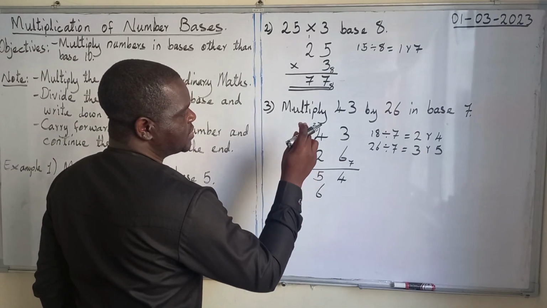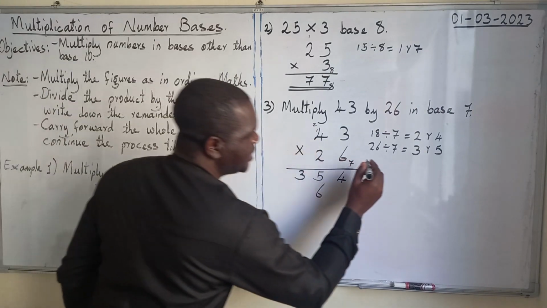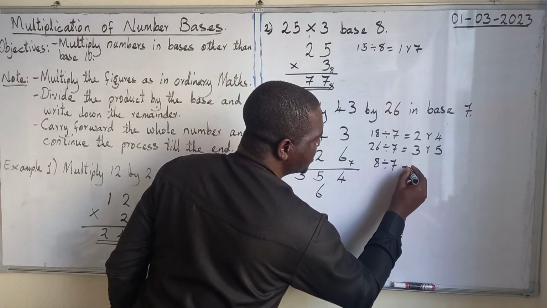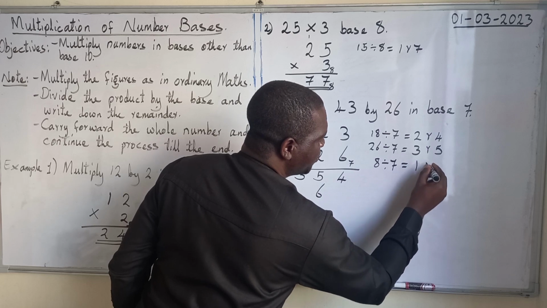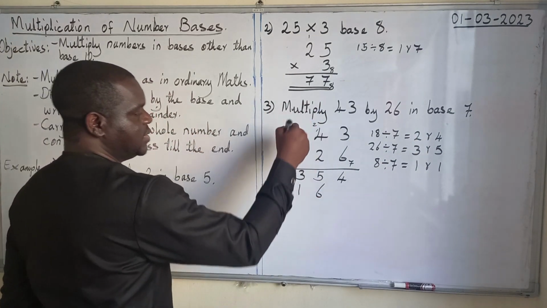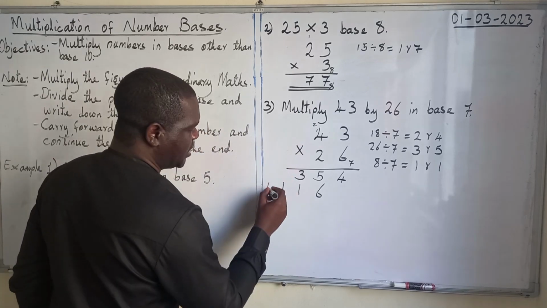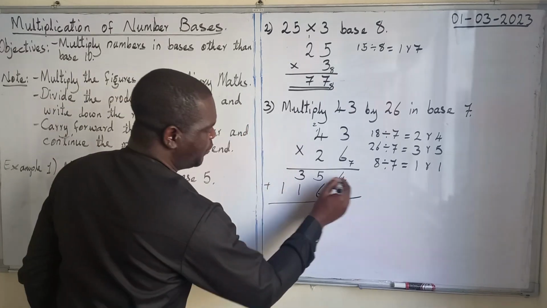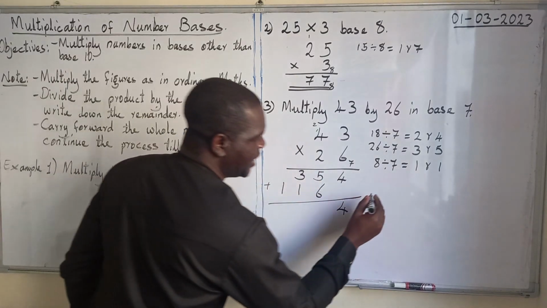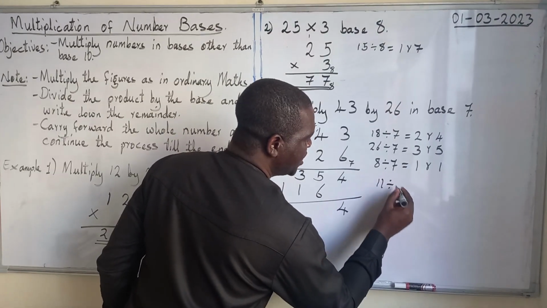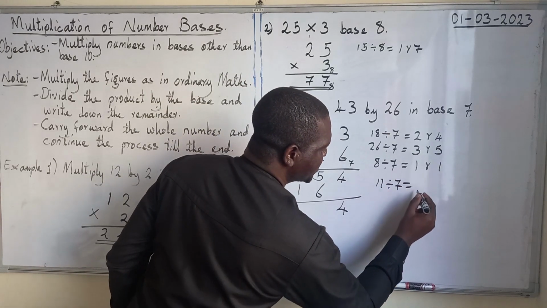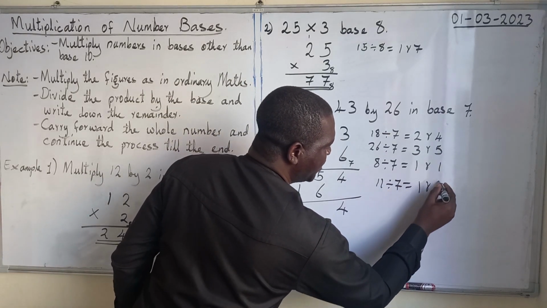2 times 4 is 8. 8 is more than the base, so you divide by the base, which is 7. This is going to give 1 remainder 1. You write the remainder first and the whole number next. At this point, we add: 4 plus 0 is 4. 5 plus 6 is 11. 11 is more than the base, so you divide by the base, which gives us 1 remainder 4.